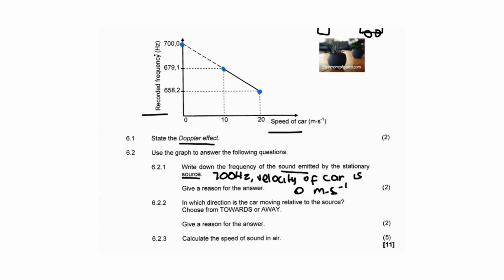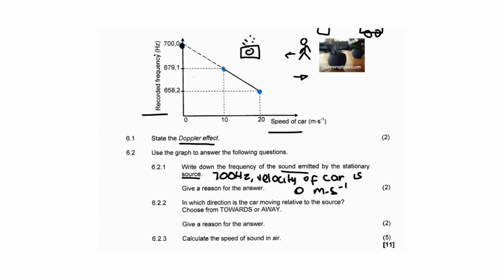If I'm standing there and there's a sound source playing some great music, and I move closer, I'm going to hear more than what the speaker plays. But if I move away, I'm going to hear less than what the speaker plays. If you check there, we had 700 hertz. That is what the sound source was playing.